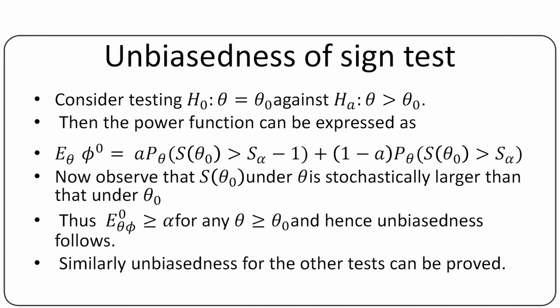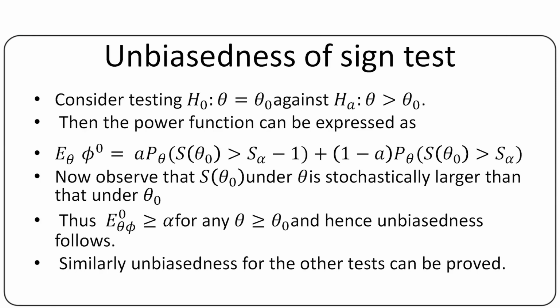Consider testing theta equal to theta naught against theta greater than theta naught. Then the power function can be expressed as probability S theta naught greater than s alpha under theta plus a probability S theta naught equal to s alpha under theta.